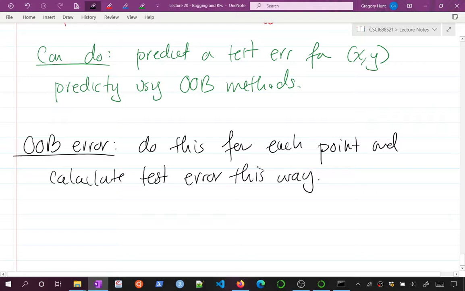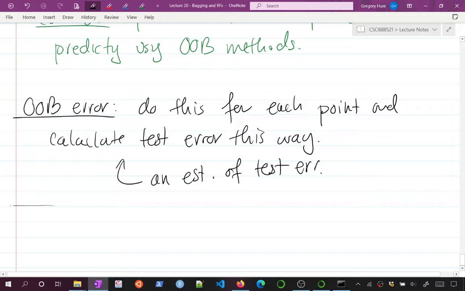So basically, for each training point, I'm going to predict it by bagging together things that don't use it in their training. And then I'm going to have a bunch of predictions and the truth, and I can calculate my error rate, whatever it is, and that gives me an estimate of my testing error.